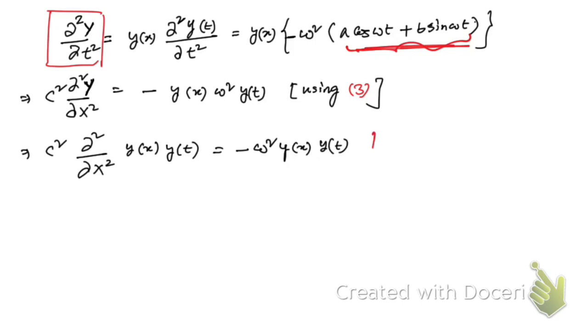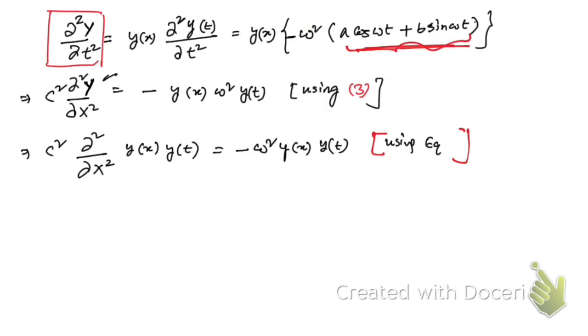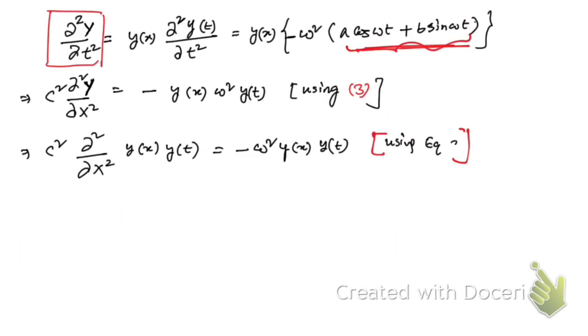So here what we have used, we have used this equation number 2, right? So instead of this capital Y, we have put this value, right? Hope you have understood this equation number 2, right?